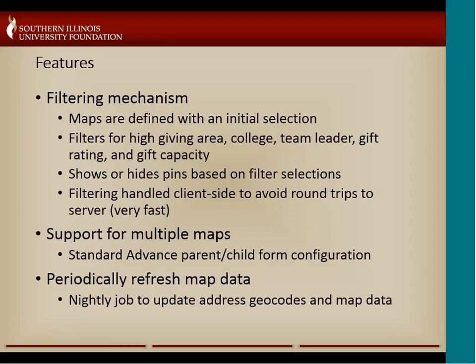We've got maps for all of the academic units, we have a map for the library, maps for other causes like scholarships, and we also did a map for the School of Medicine, where we did a little extra modification to do some different filters for them. Again, we did all this with standard Advance techniques, so we future-proofed ourselves with upgrades, so we're fine there.